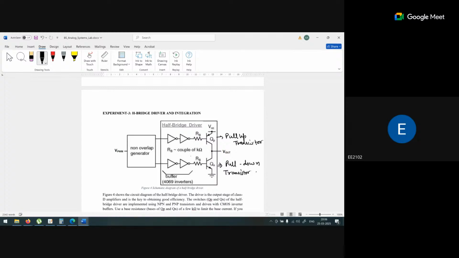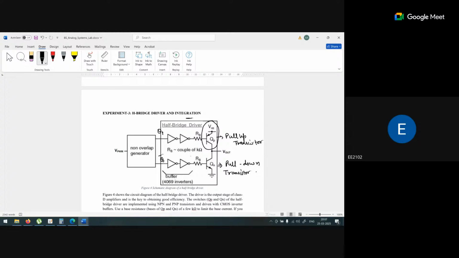For example, we are getting Q and Q bar; Q is here and Q bar is here. On the basis of Q, my transistor will be working. If Q is 0, my transistor is working because it is a PNP transistor. A PNP transistor will work when we are getting a lower voltage, and when we are getting a higher voltage, it will not work.